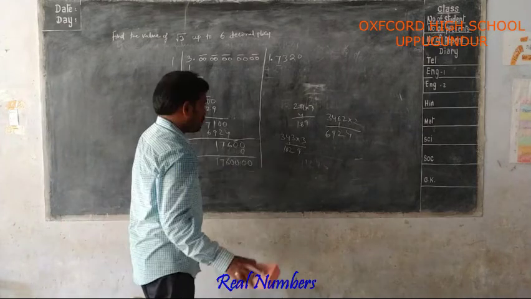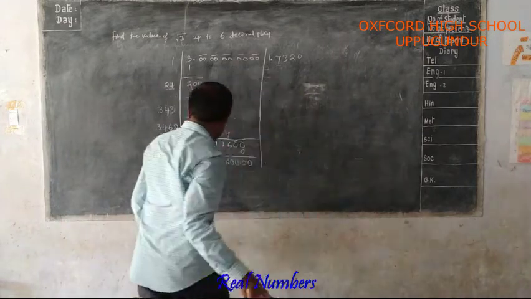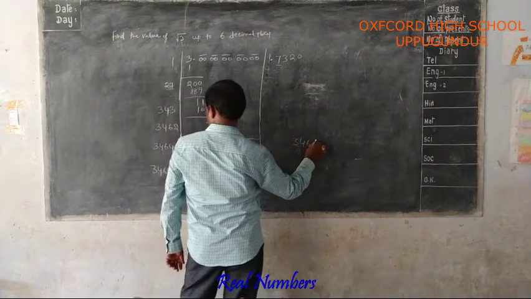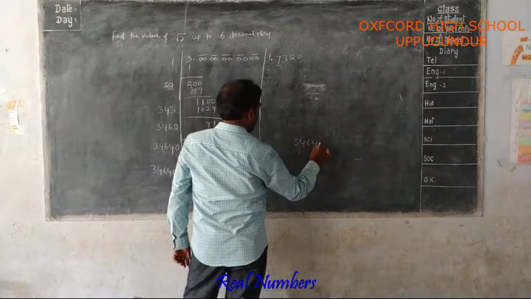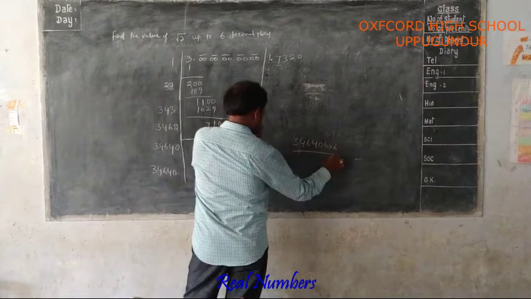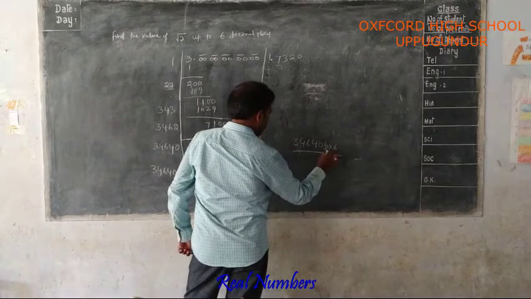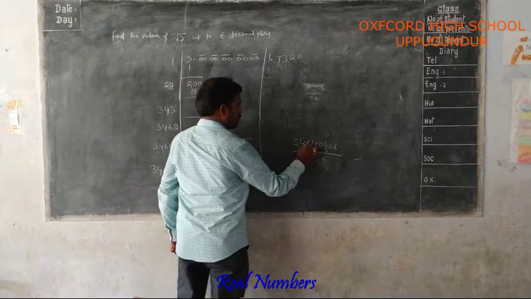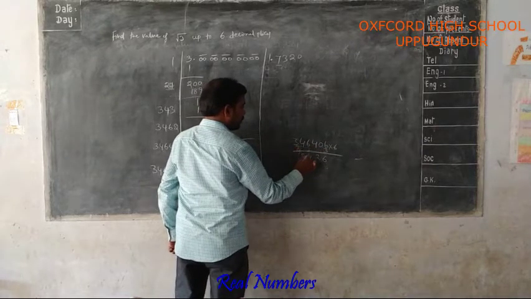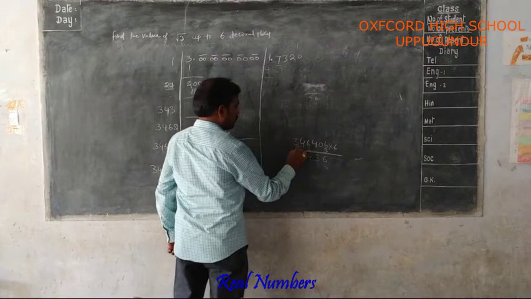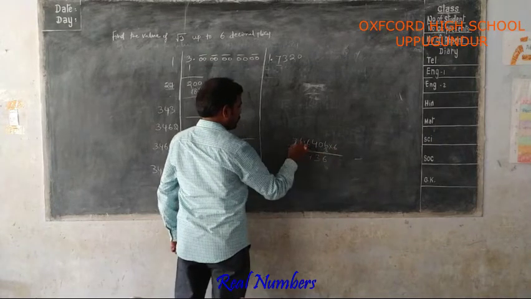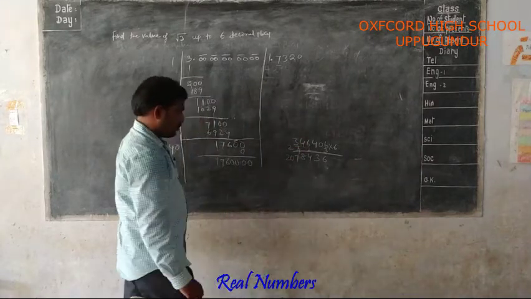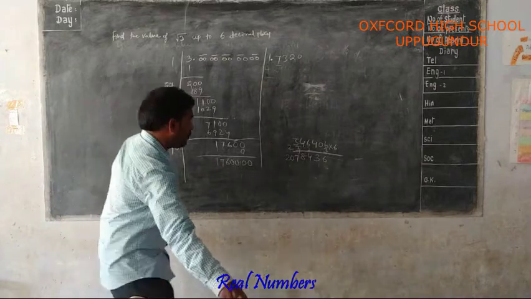So once you check 6: 6 sixes are 36, 6 zeros are 0 plus 3, 6 fours are 24, 6 sixes are 36 plus 2, 38, 6 fours are 24 plus 3, 27, 6 threes are 18, 18 plus 2, 20. 20 lakhs. So not divisible.